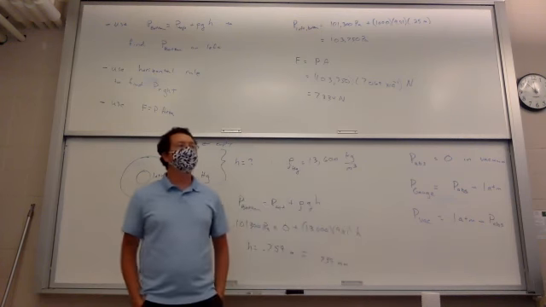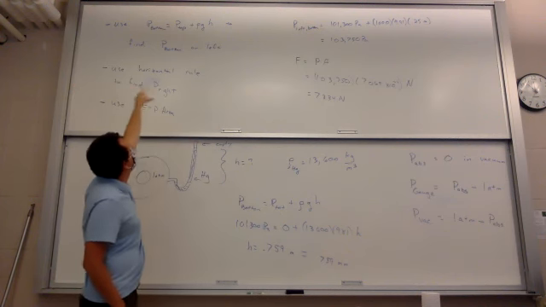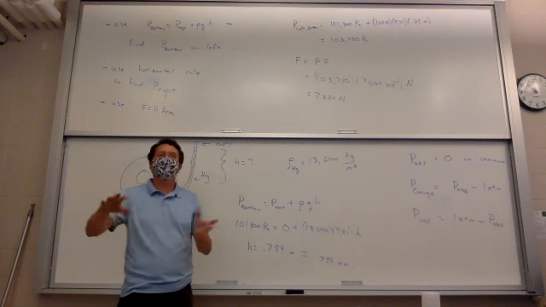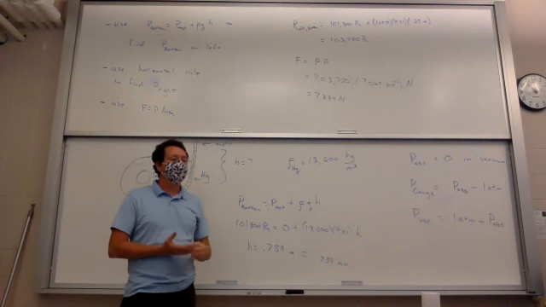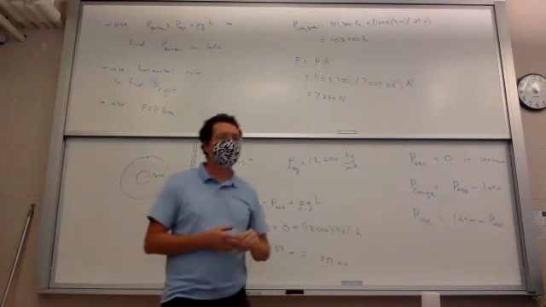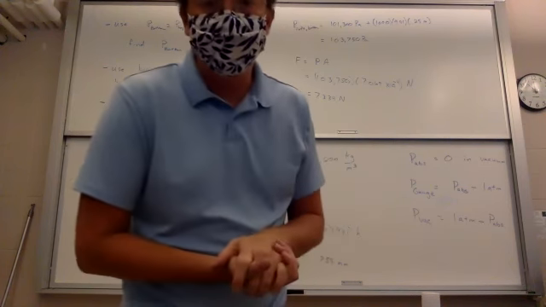Bernoulli's equation is how you generalize this pressure equation to incorporate fluid flows, like velocities and stuff. And then we'll move on from there. Okay, so that's it for today. I will talk to you later.